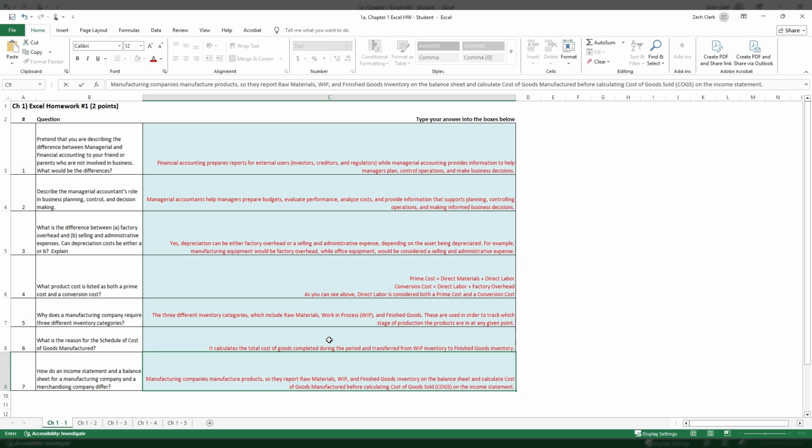So there's an extra line item. We'll definitely see that in the schedule of cost of goods manufactured. It's just one of the line items we need just for manufacturers.